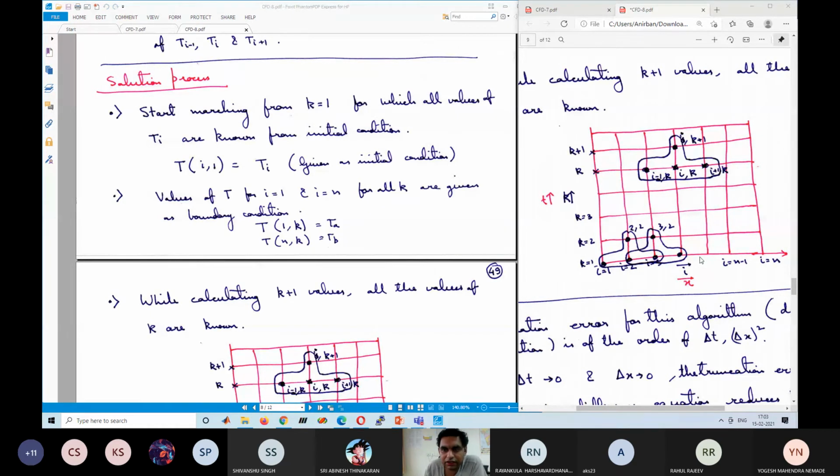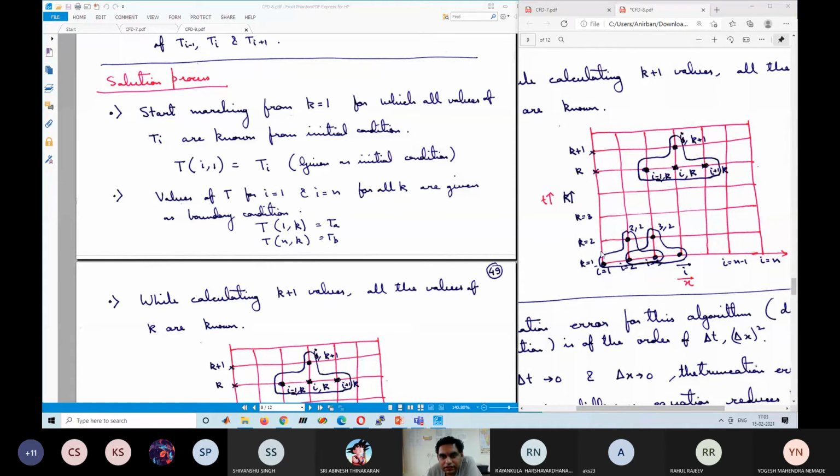Now what will be the boundary conditions? How do we locate the boundary conditions in this case? Along the diagram. Sir, we know that at i equal to 1, for any time k, it is Ta. So all the points along this line, right?